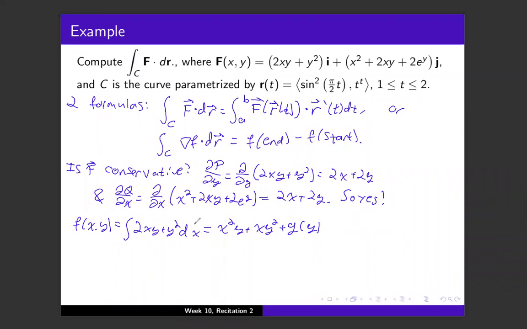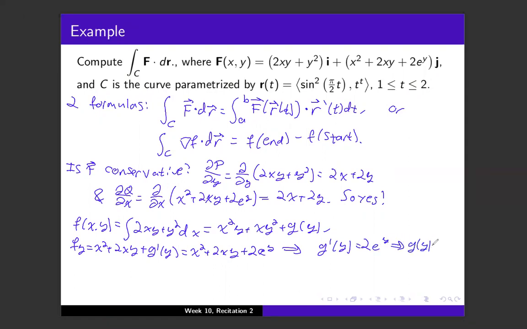I don't know what that is yet, but I do know that f_y would then have to be x squared plus 2xy, so far so good, plus g prime of y, which we know to be x squared plus 2xy plus 2e to the y. So g prime of y is 2e to the y, and g of y is 2e to the y.